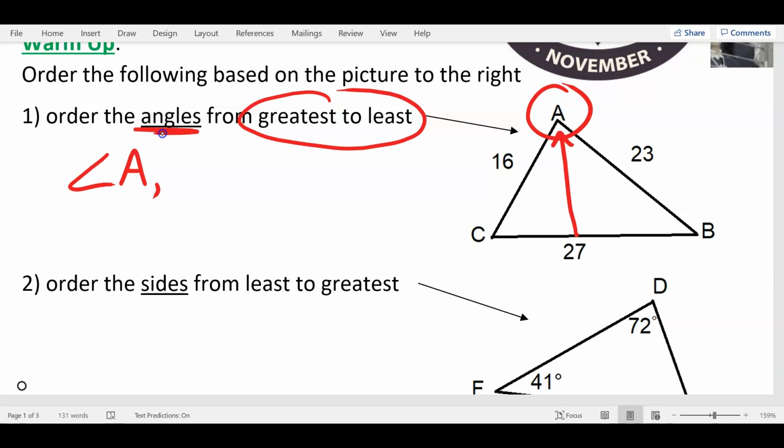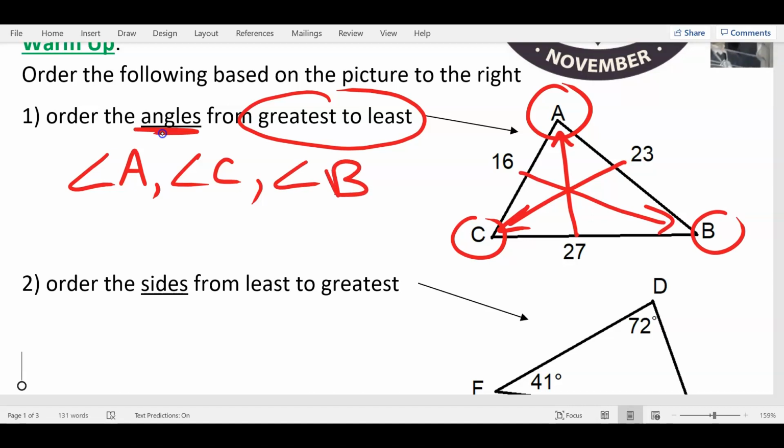Now, the middle side length is what? 23, okay? So across from 23 is my middle angle. It's going to be angle C. Last but not least, my smallest side, 16. What's across from 16 is angle B, right?